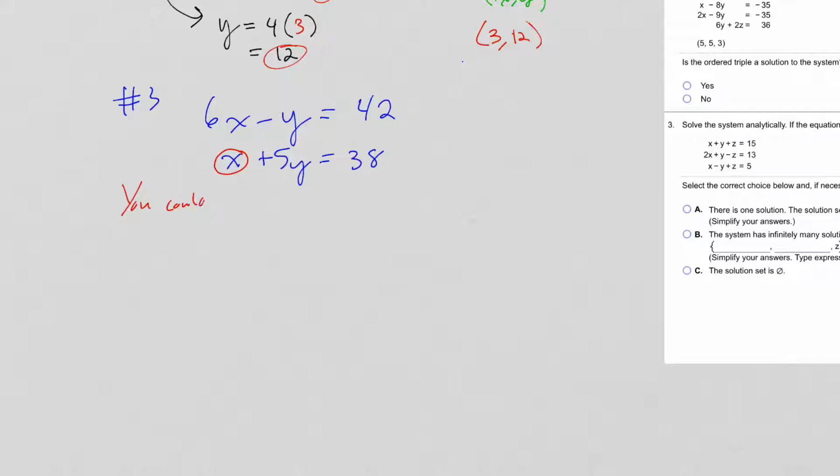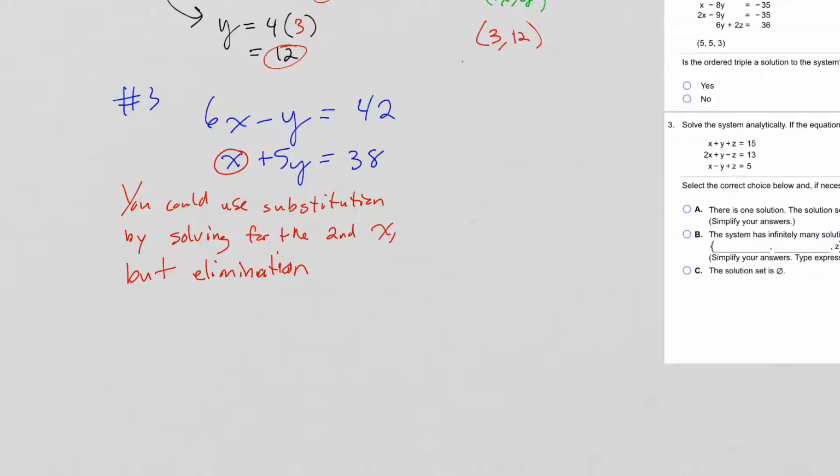So you could use substitution by solving for x, but elimination may work out better. It's actually just preference here. So it asks you to do things a certain way. You don't have to do it that way. You can do it how you want.